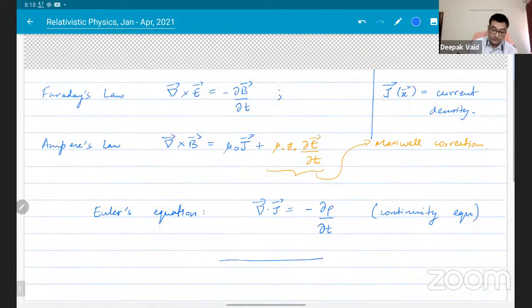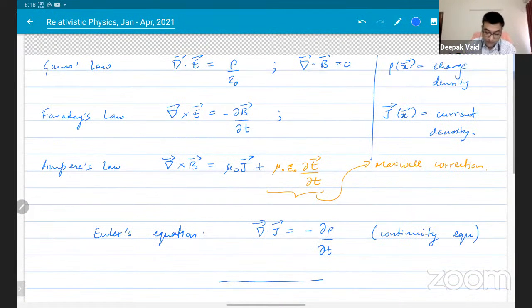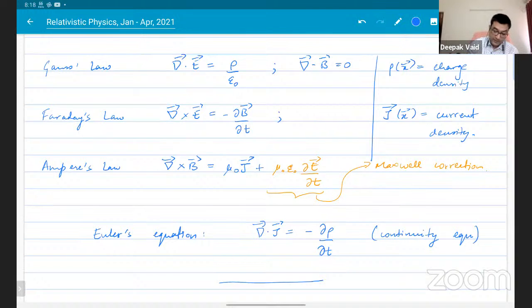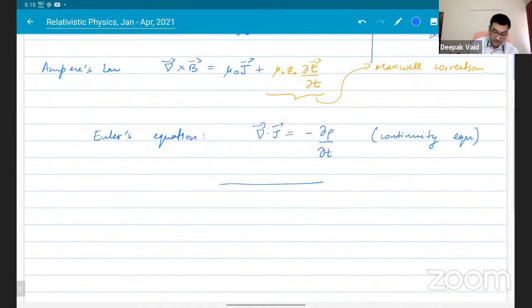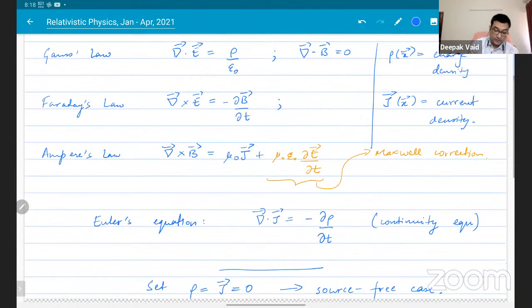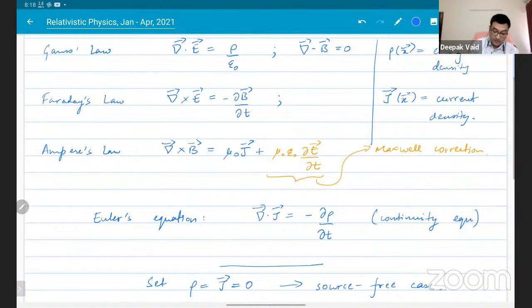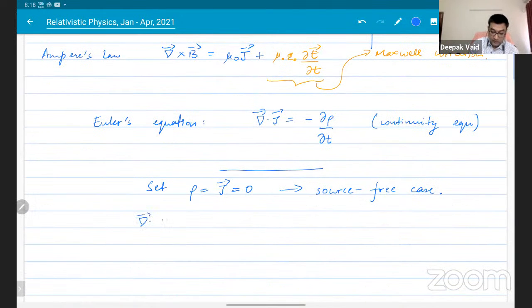Now, what happens with these equations is that if we set rho and J both to 0, so you're talking about the source free case, what do these equations reduce to? Well, you get divergence of E equals divergence of B equals 0.